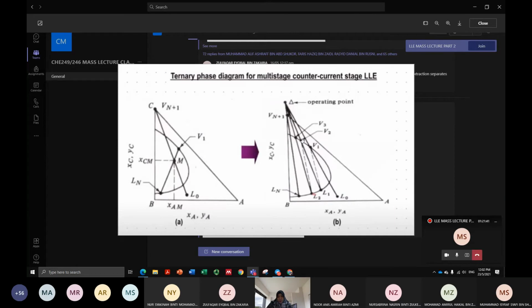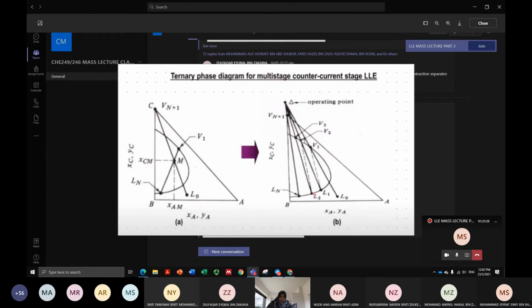So from V2, you draw a straight line downward until you reach the equilibrium curve at the bottom graph, and then draw the horizontal line until it reaches the equilibrium curve at the second graph at the bottom, and then draw a vertical line straight upward until it reaches the equilibrium curve. When it intercepts, that point is called L2.